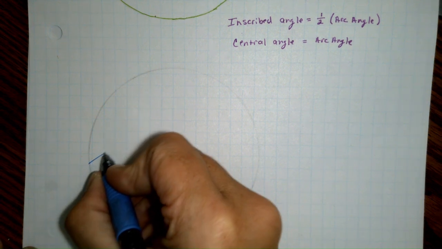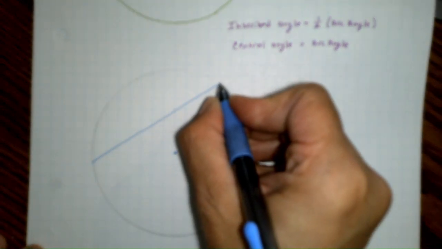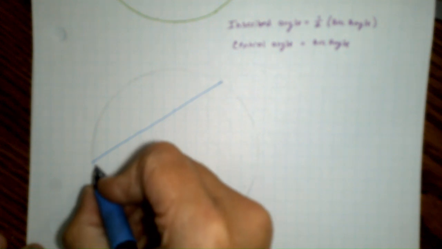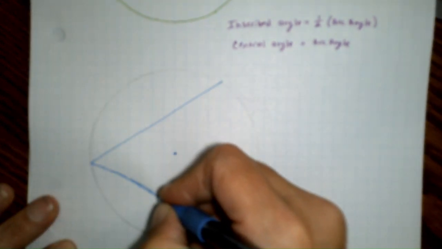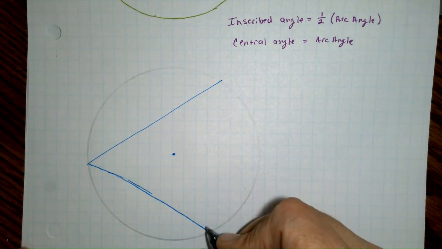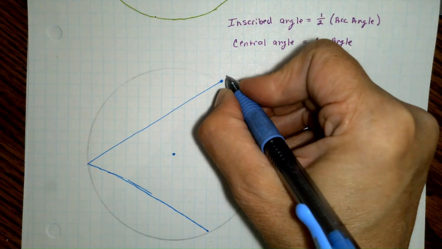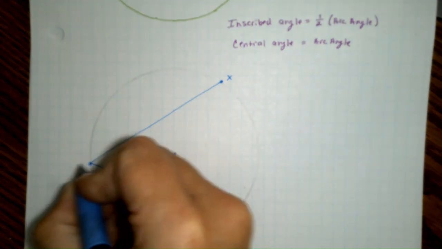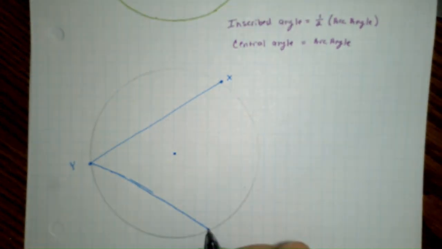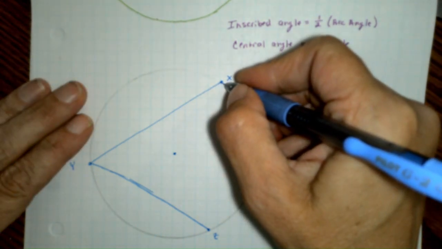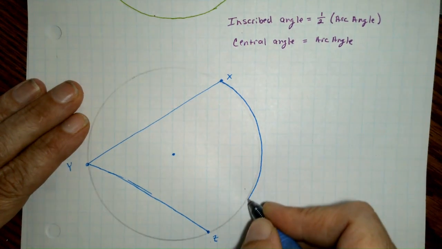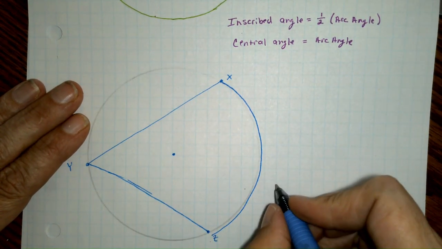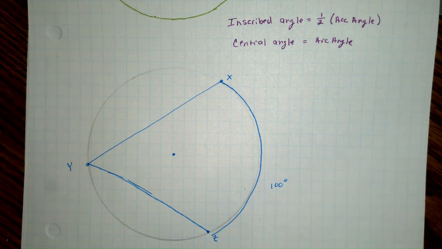Okay. We'll call this X, this Y, and this Z. And this arc right here is going to be 100 degrees.